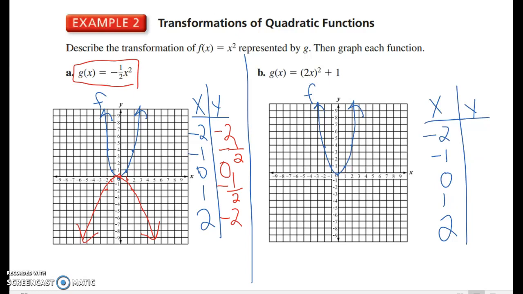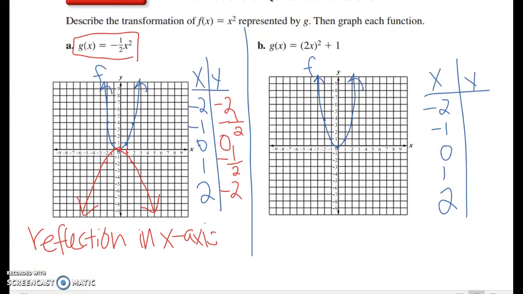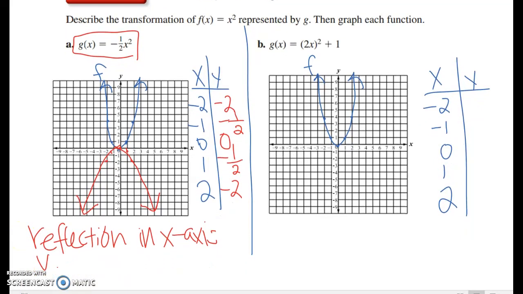Looking at this transformation, I can see it's a reflection in the x-axis and a vertical shrink since 1/2 is less than 1. So it's a vertical shrink by 1/2.